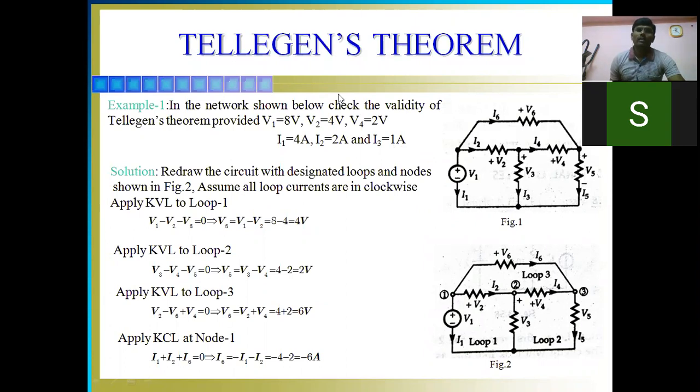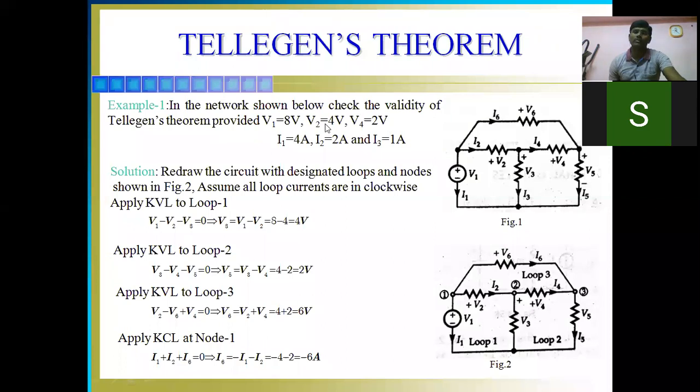So he gave V1, V2 and V4, and I1, I2 and I3. He asked to check Tellegen's theorem. What Tellegen's theorem says is that the algebraic sum of all branch powers is equal to 0.